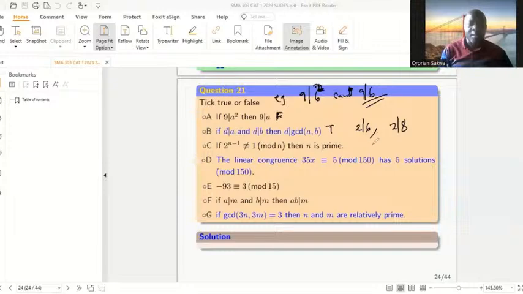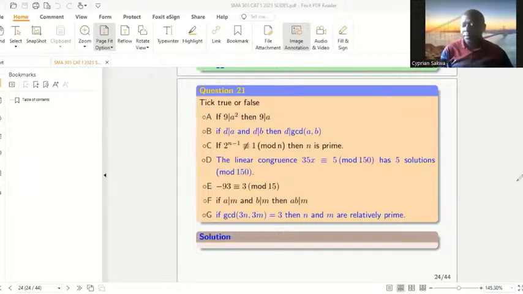And you can see that 2 would also divide the GCD of 6 and 8, which is still 2. So this statement here is correct: if a number d divides a and d divides another number b, then d will divide the GCD of these two numbers.